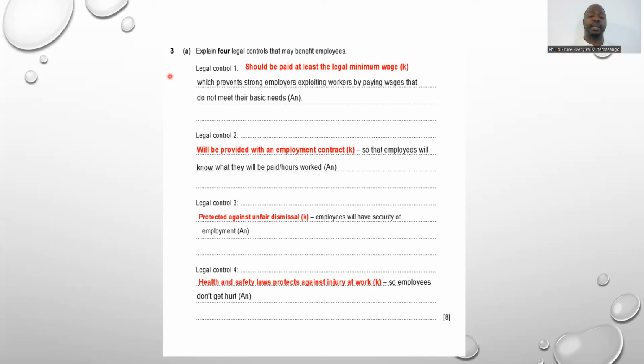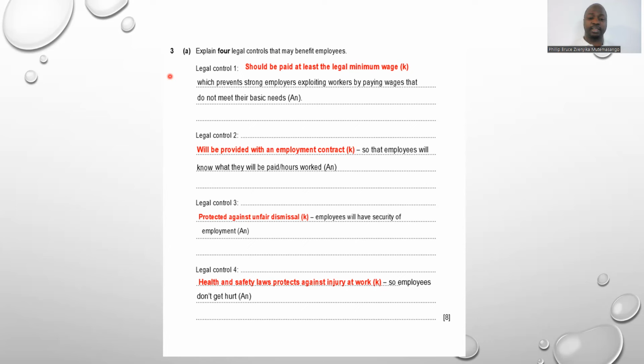Number 4, health and safety laws protect against injury at work. That's a clear fact. There's an act for that, the H&S Act. So employees don't get hurt. And even if you get hurt whilst you're performing the employer's duties, the employer is supposed to pay for all the costs.